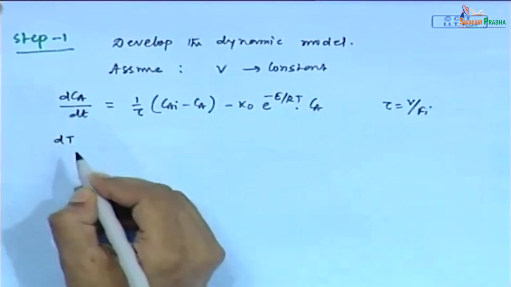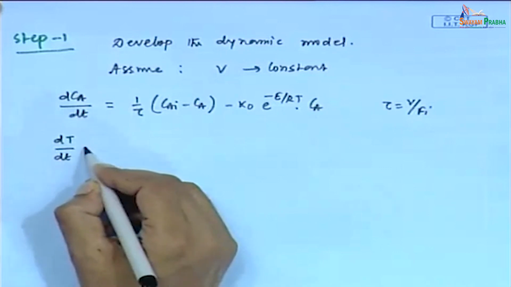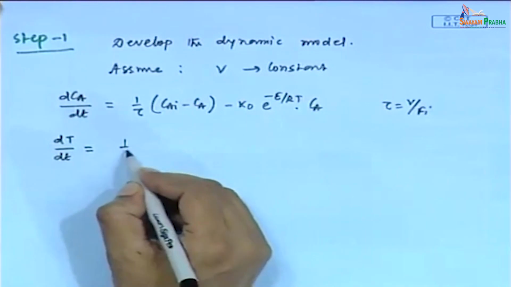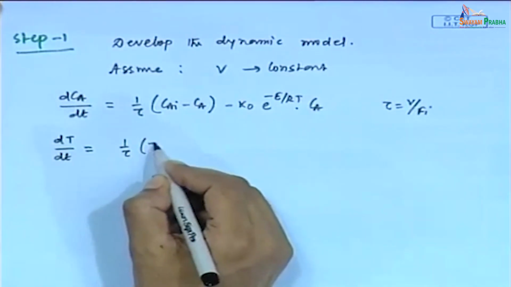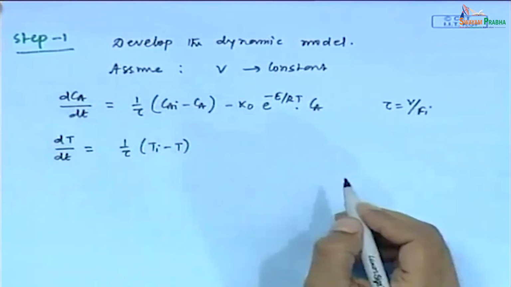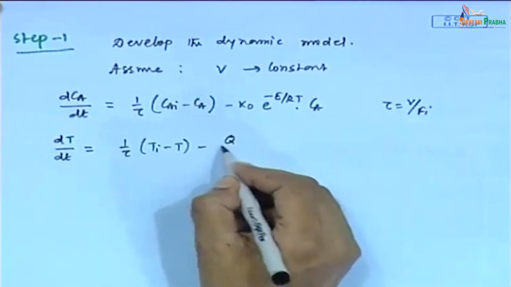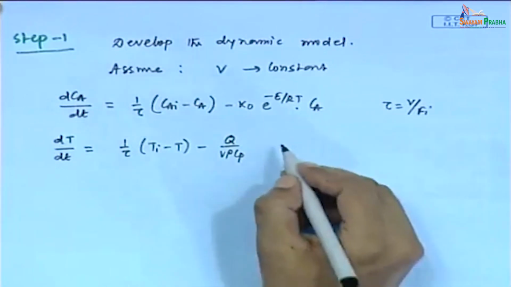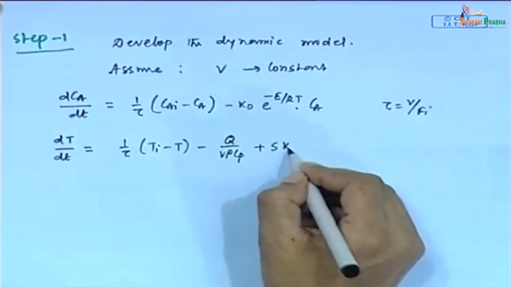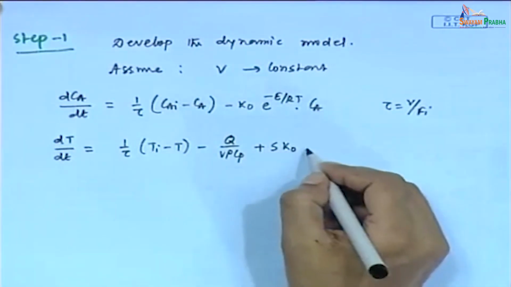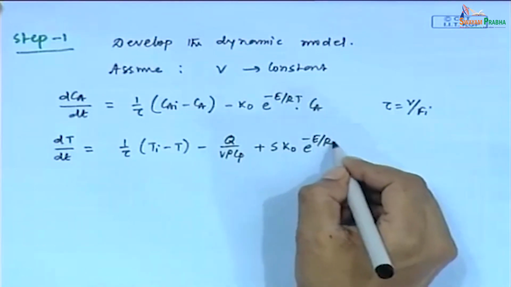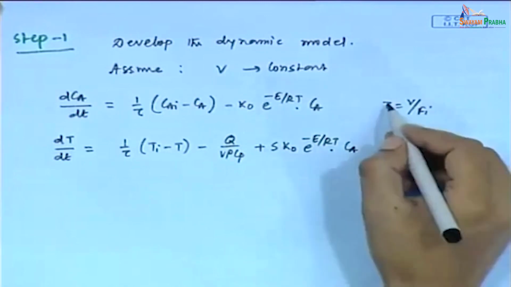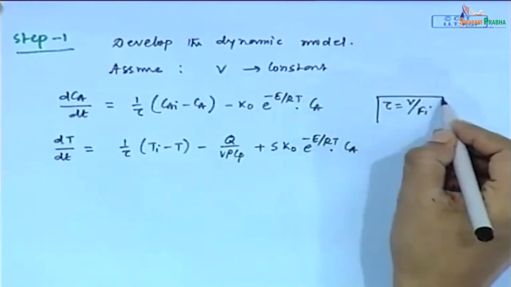Similarly, we will write another equation, that is dT/dt equal to 1 divided by tau (Ti minus T) minus Q divided by V rho Cp plus S k naught exponential of minus E by RT CA. So, what is S?